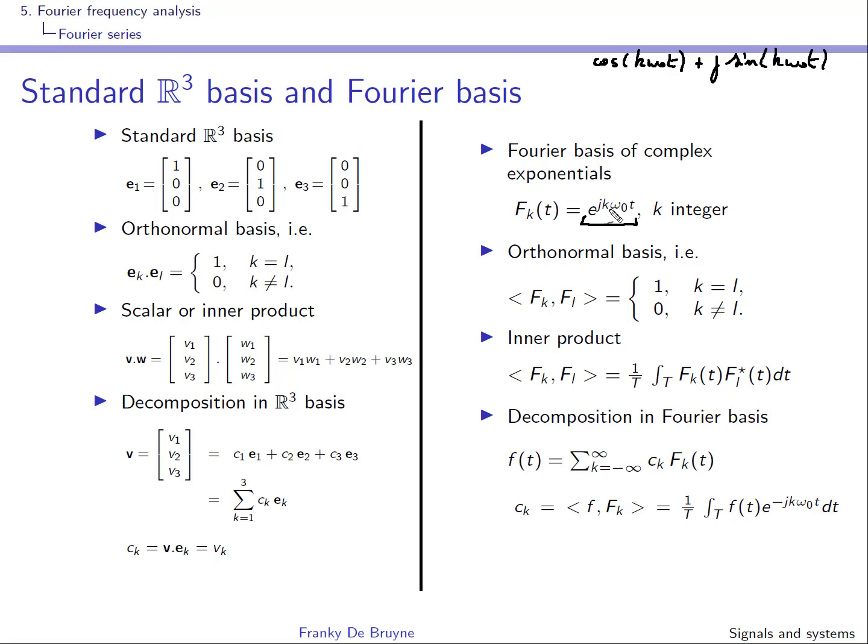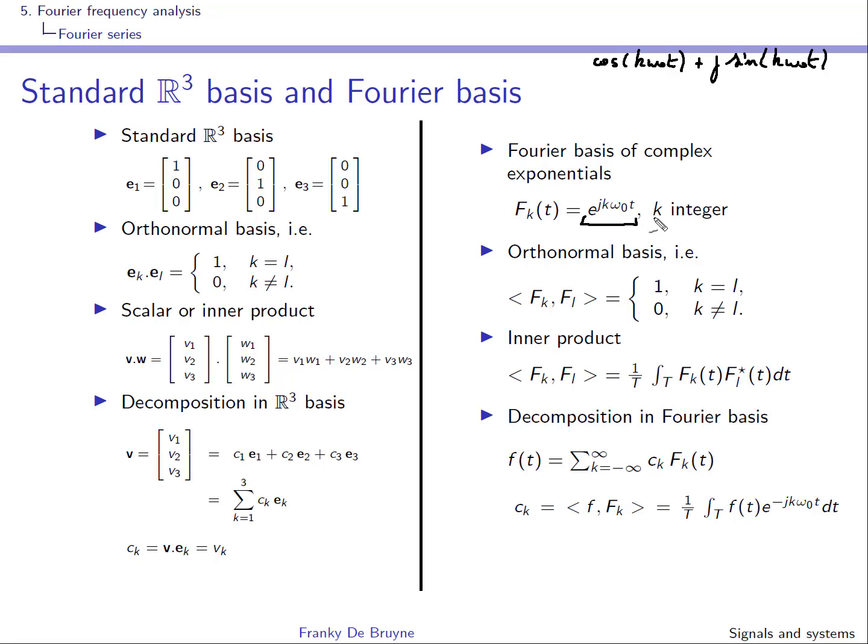Remember for the basis there was this idea of perpendicularity, orthogonality. So we'll have something similar. There was also this idea of length, length 1, and we'll have something similar over here as well.